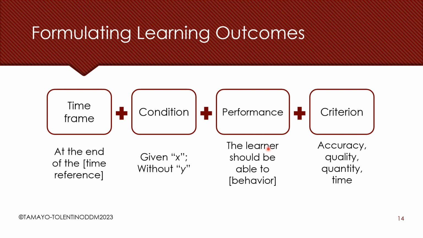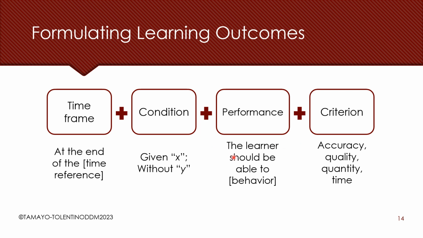Performance, the third element, should be indicated by an action verb so that it will be observable and measurable. Again, it is recommended to avoid using verbs that are vague, and we only use action verbs one at a time. So it will go something like this.